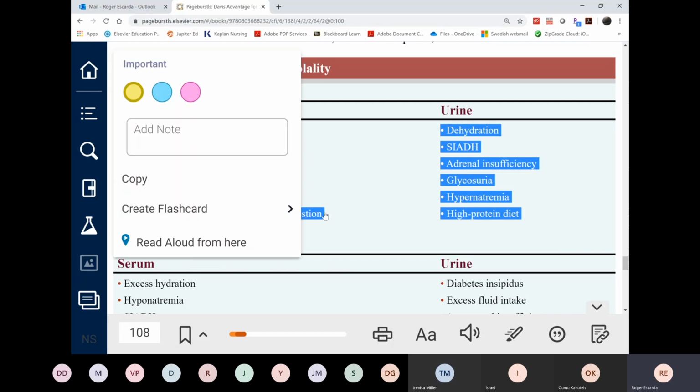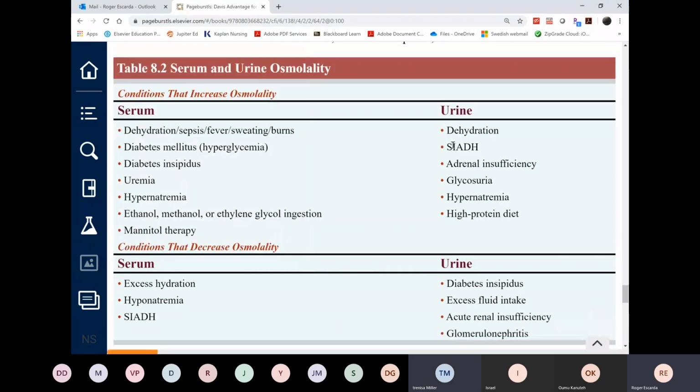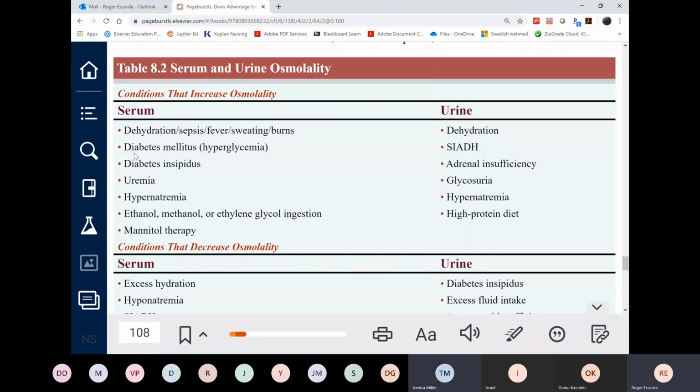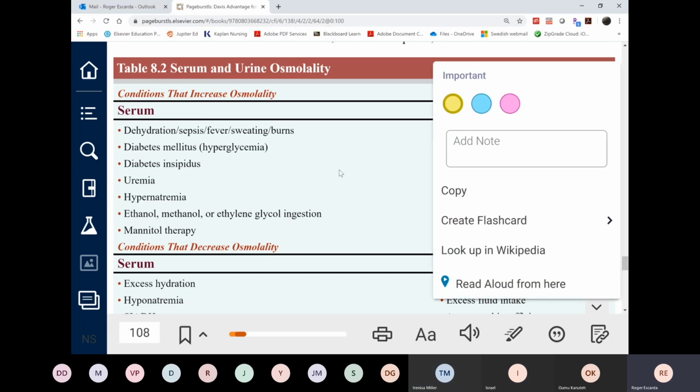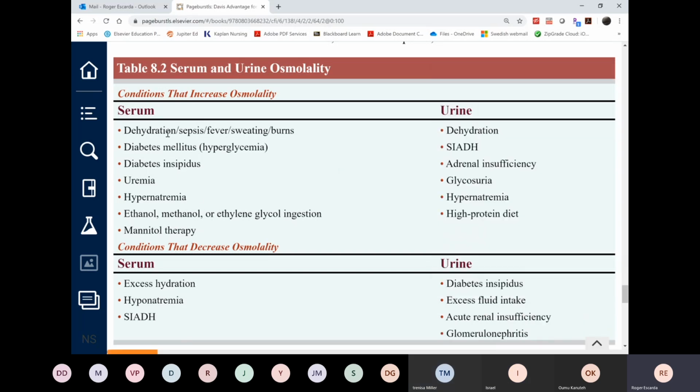Deficit. Now, don't be confused with SIADH. I'll explain later. All of these conditions lead to dehydration, except SIADH.